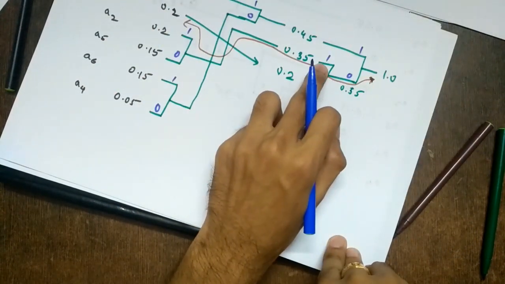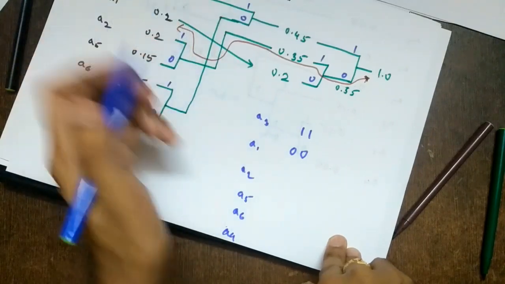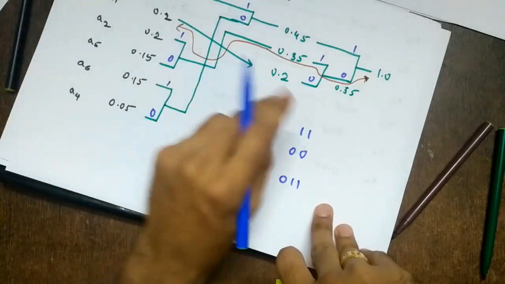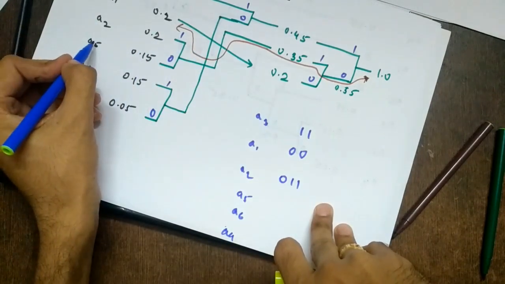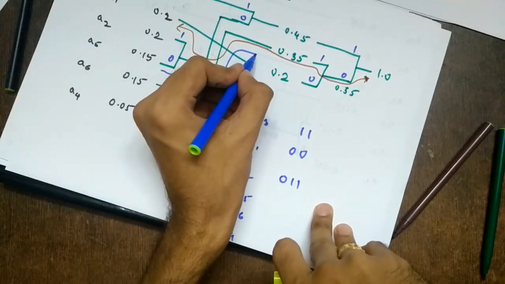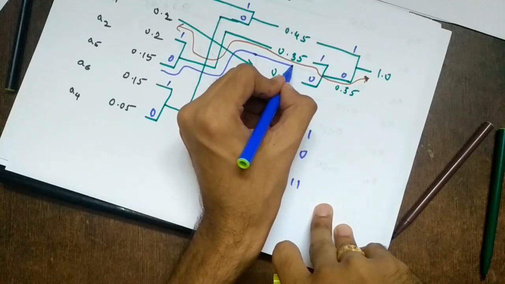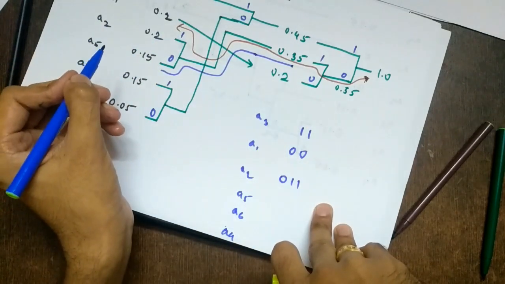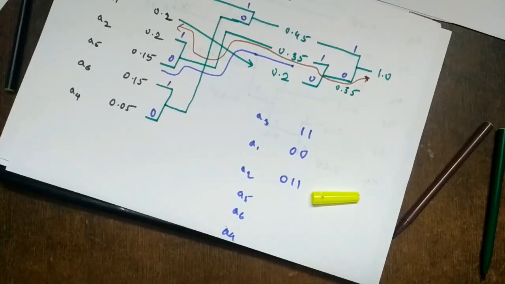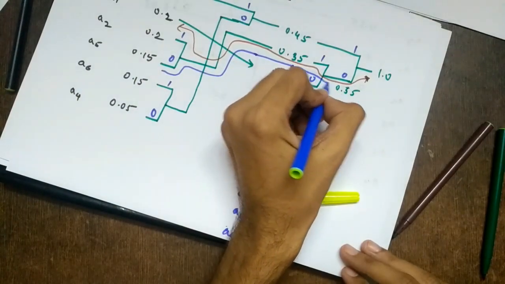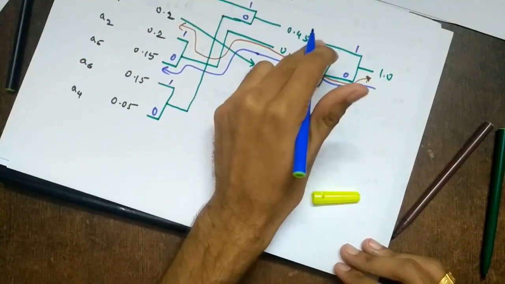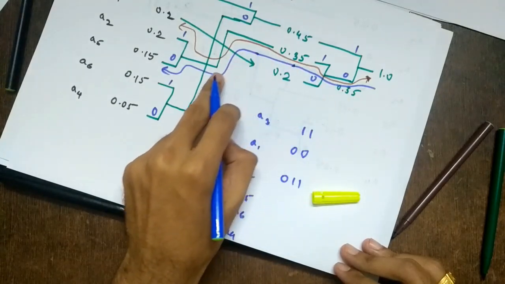So 0 1, 1 0 1 1. Then for A5, like this. Easy, fine. In this direction, 0. Remember this one, 0, 1, 0.